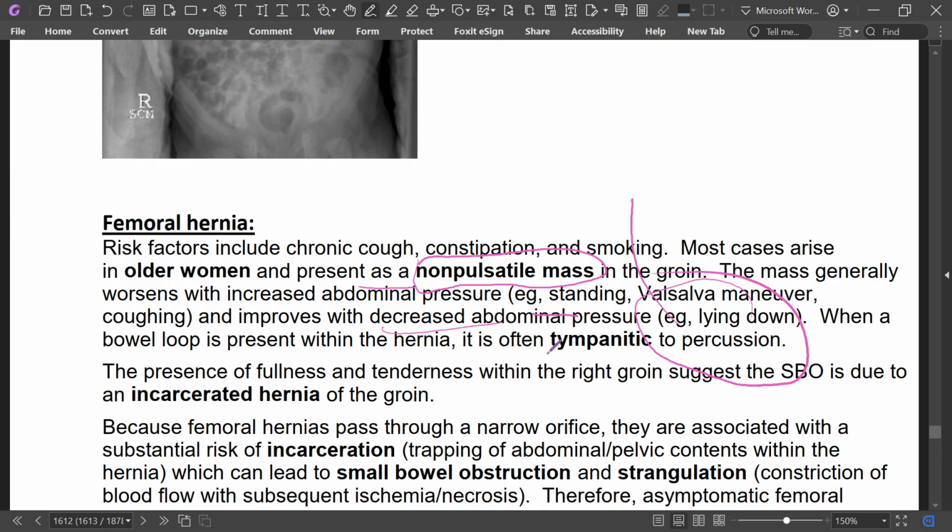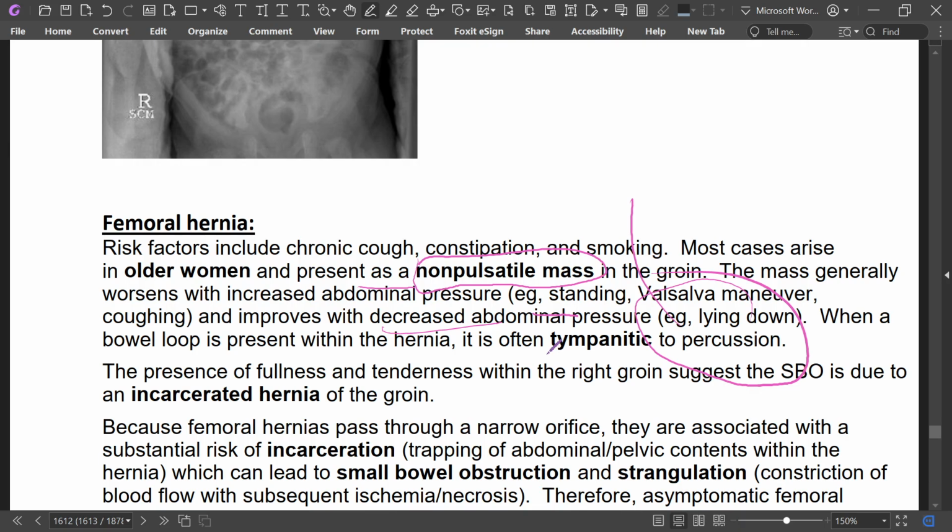In bowel there is gas, and the gas causes tympany on percussion, just as in pneumothorax and tension pneumothorax there is tympany on percussion. Why? Because of air in the lung, and here air in the bowel, that causes tympany to percussion.